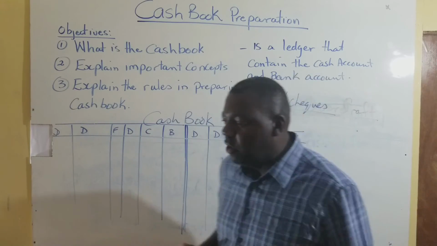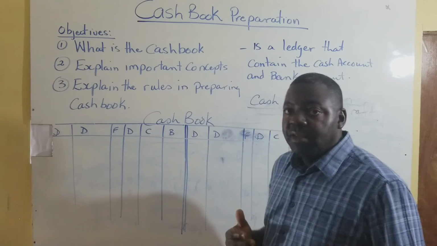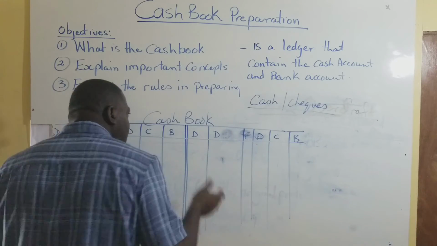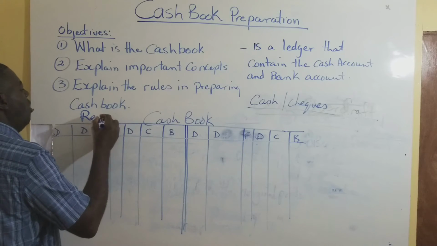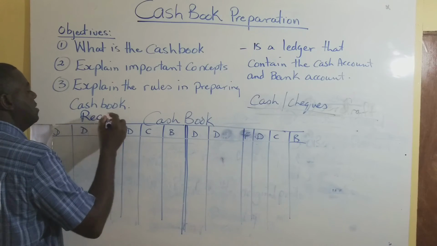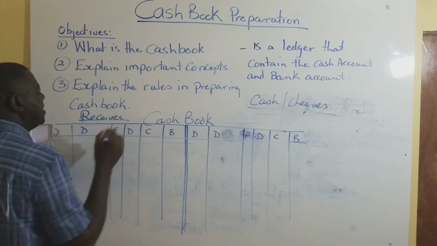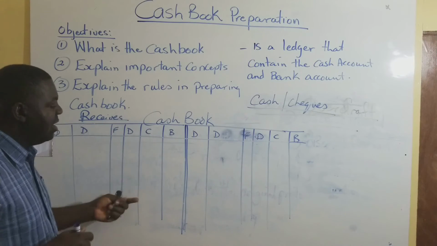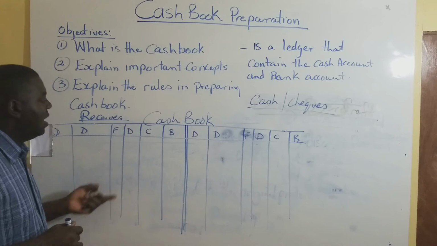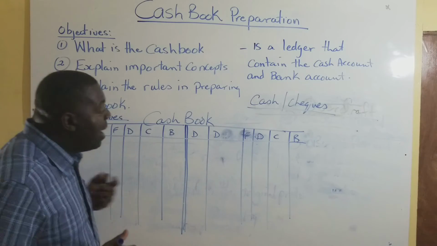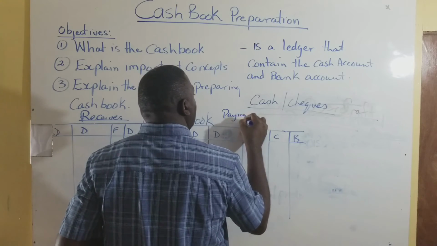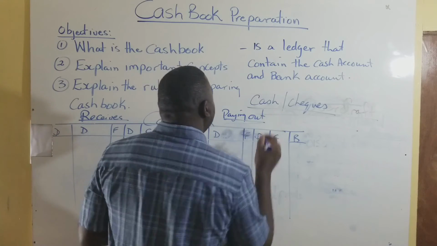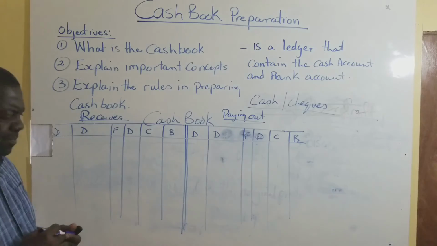So when we are receiving money, I've always indicated to my students, a little thing here is receive. You remember that everything over here is when we are receiving the money that we record on the debit side. When we are paying out money, it is on the credit side.